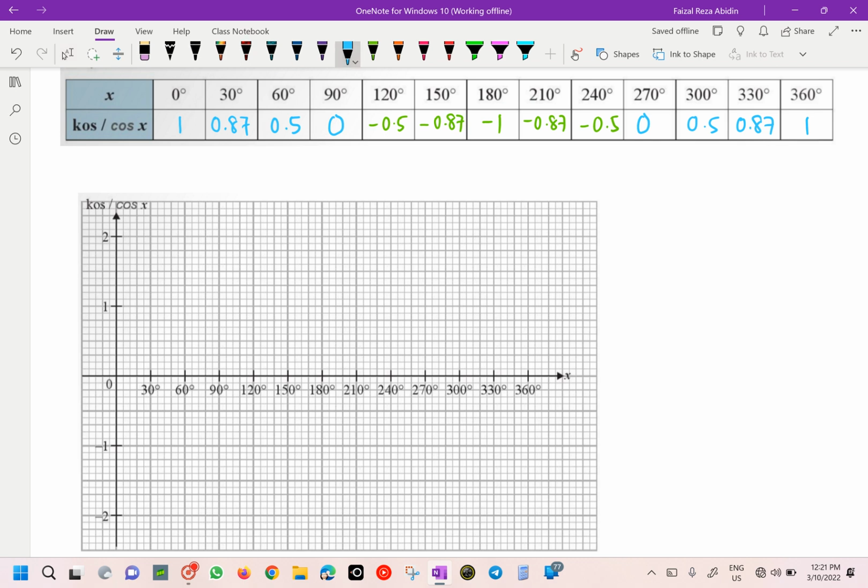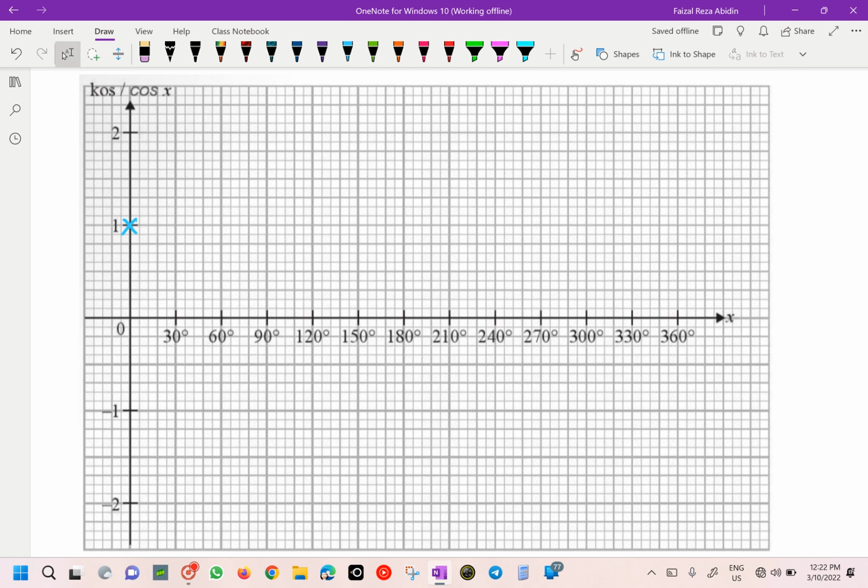We are going to start with 1. 0.87 when our 30 degree, 0.5 here, 6, 7, 8. Okay, this is 0.8. So means that I'm going to get in the middle here. About the middle.